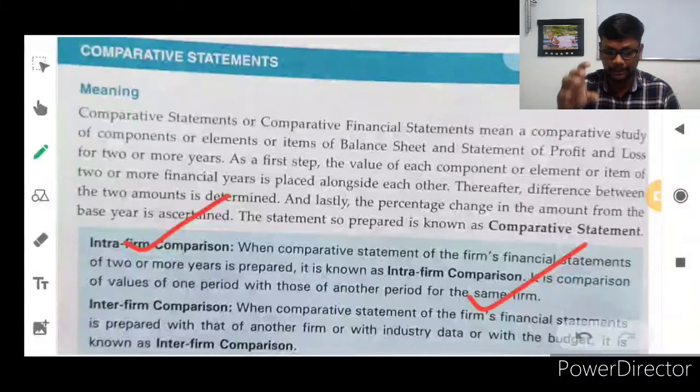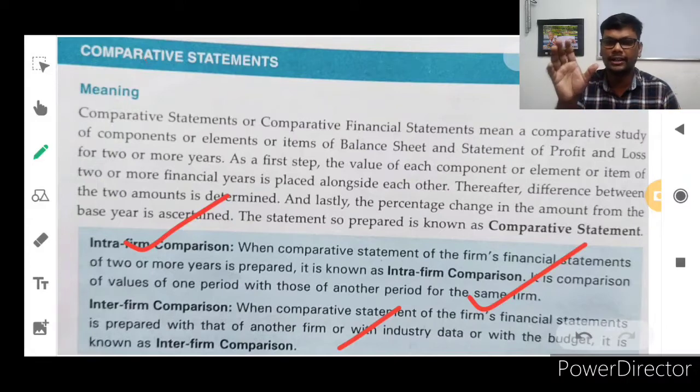That is when a comparative statement of the firm's financial statement is prepared with that of another firm, or with industry data, or with the budget. It is known as inter-firm comparison. One firm is compared with another firm, which means A firm's balance sheet and B firm's balance sheet are needed. Both firms' balance sheets should be compared, and finally we will identify how many percentage are increased or decreased.